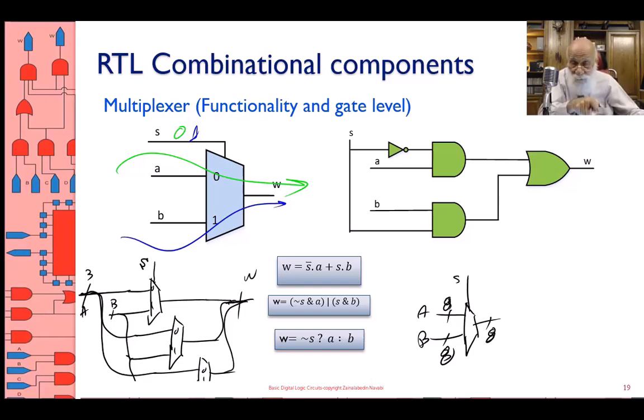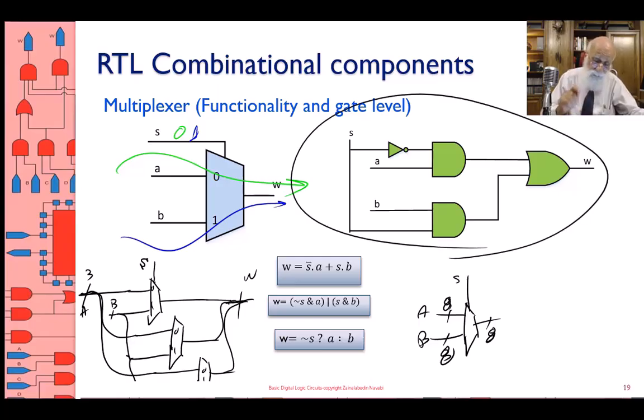I'm sorry, an octal 2-to-1 multiplexer. That means the two inputs and the output are all octal, 8 bits. Quad means the outputs are 4 bits. Each bit looks like this.